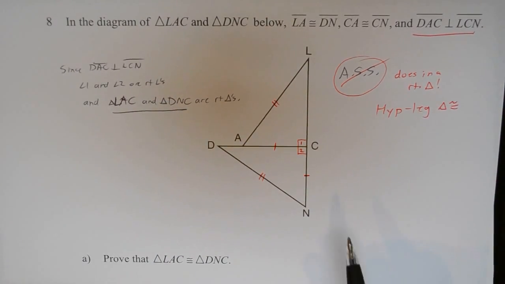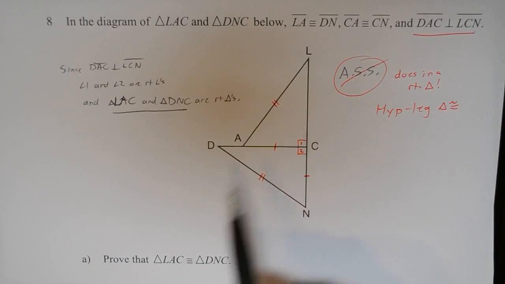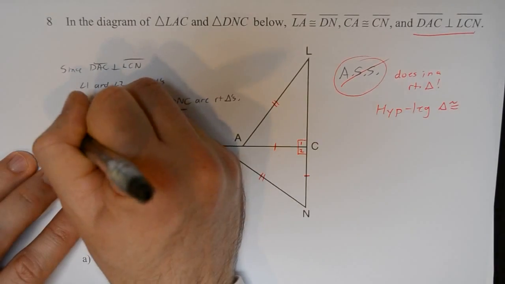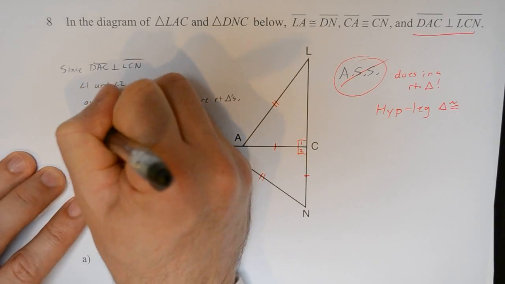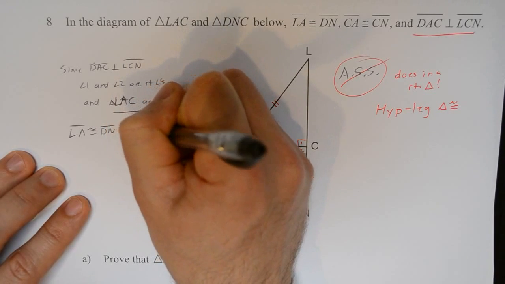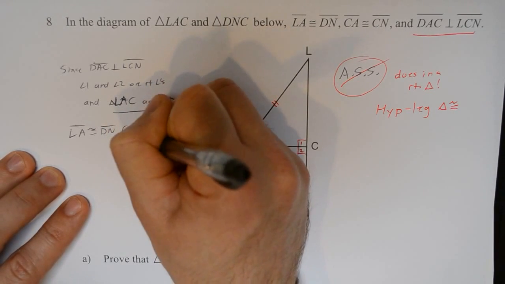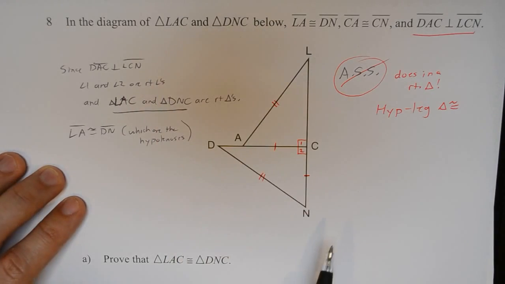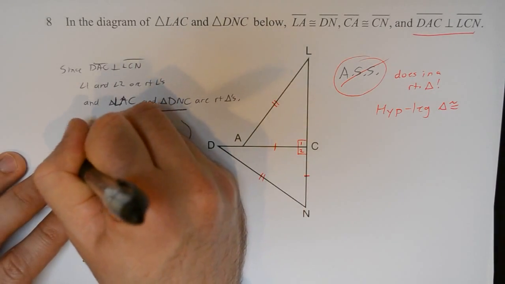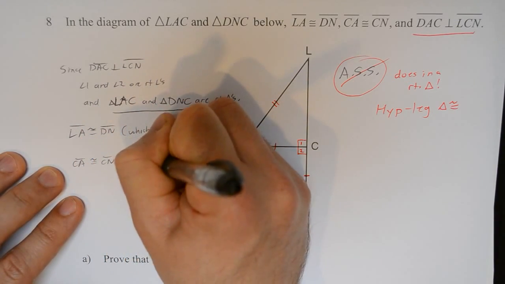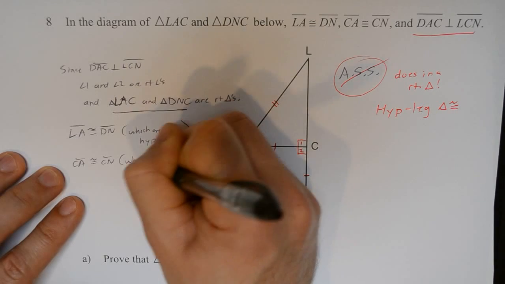Now let's see, what else can we say? We've got a pair of right triangles here. They told us that these sides were congruent, and they told us that those sides are congruent. Well, let's see, LA is congruent to DN, which are the hypotenuses. And we also know that CA is congruent to CN, which are a pair of legs.